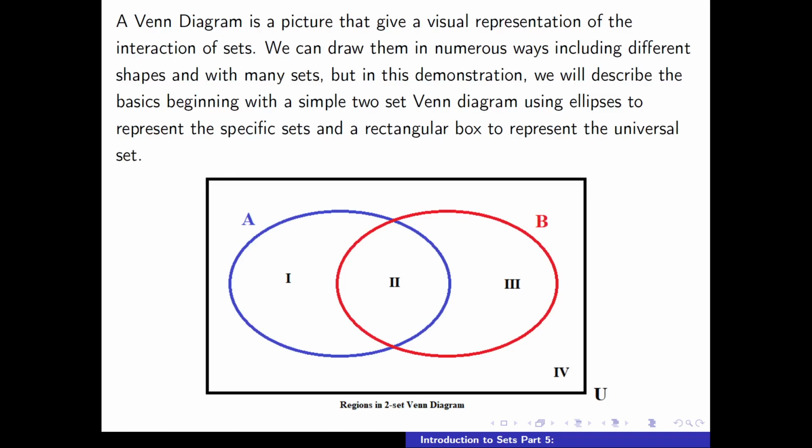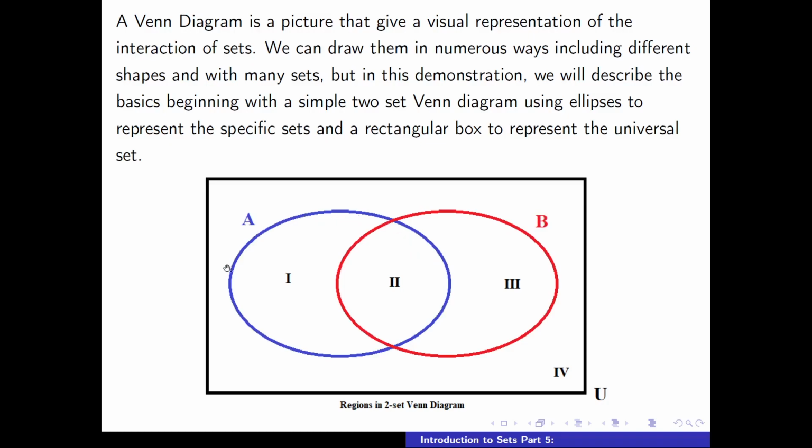Okay? So you can draw Venn diagrams in numerous ways, using different shapes and sizes. You can do it with one set or two sets or 5 sets. In this demonstration, we're just going to restrict it to 2 sets. And we'll use the standard Venn diagram for 2 sets, which is this rectangular box, which represents the universal set, and these ellipses, which represent sets, say, A and B, or whatever we name these 2 sets.